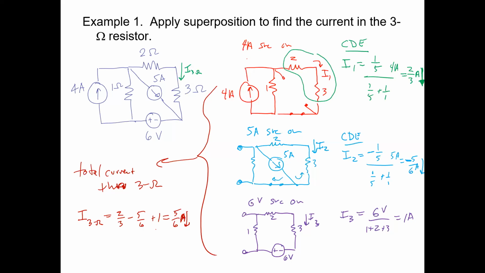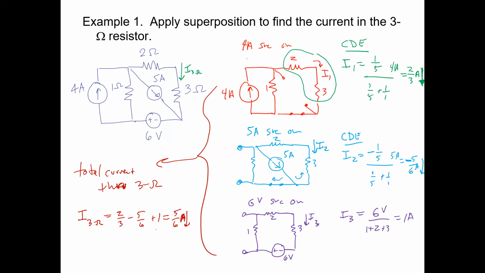Another benefit of superposition is what? What did we learn by doing this circuit 3 different ways? We learn the contribution from each of those sources, right? So if you wanted to know which source is having the most impact on that 3 ohm resistor, the answer would be what?